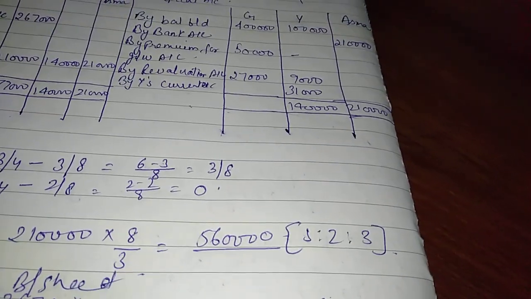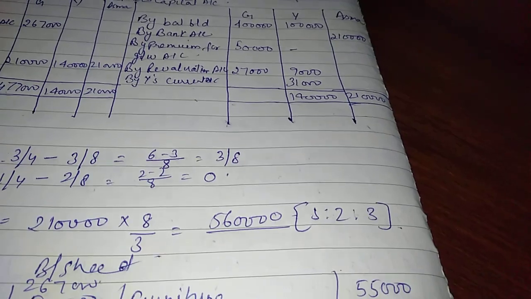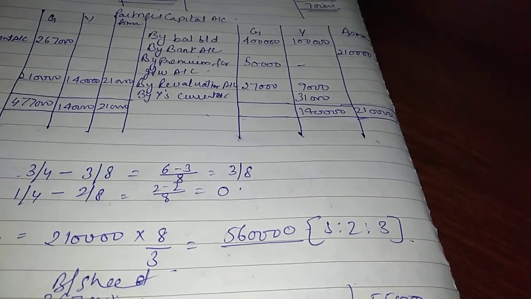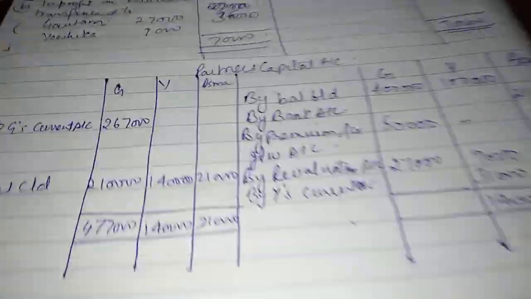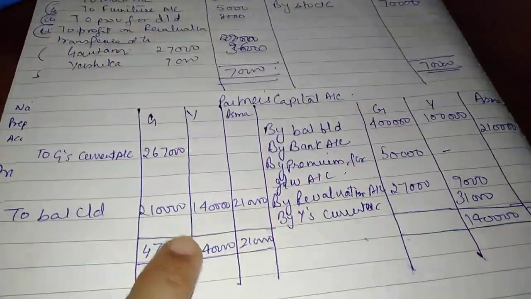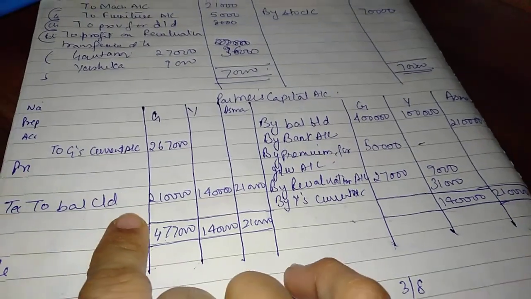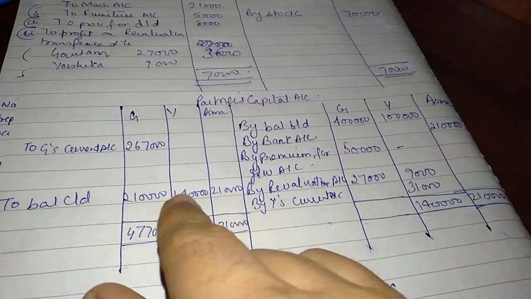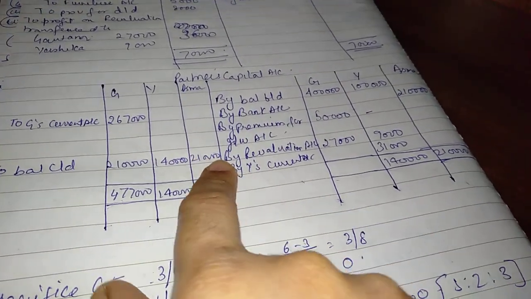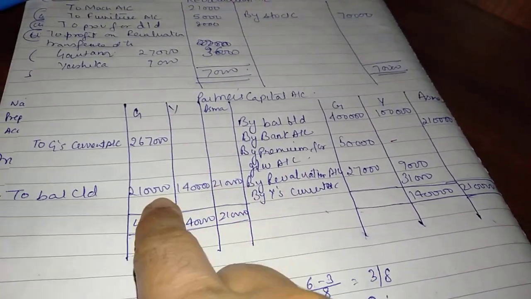Now you get your total capital, 5,60,000, which I have divided in the new ratio 3:2:3. And you will write here that the new ratio 5,60,000 divided in the new ratio gives balance carried down 2,10,000, 1,40,000 and 2,10,000. This is your new capital divided.